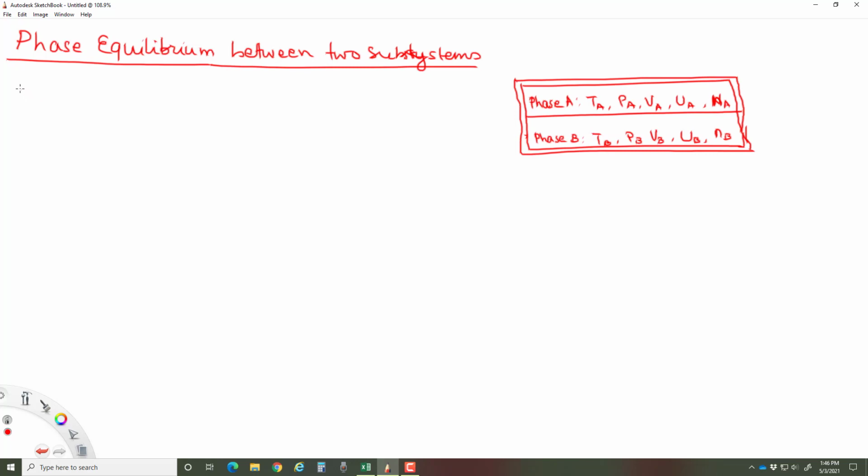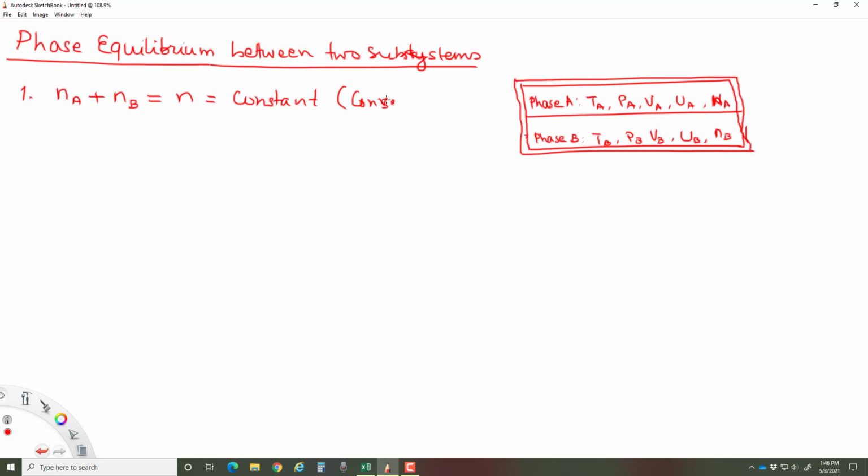the total number of the particles is always constant, although there can be change in the number of particles in phase A and phase B. Sometimes phase A may have more particles than phase B, or sometimes B may have more particles than A, but the total number is always constant. This comes from the fact there is conservation of mass.